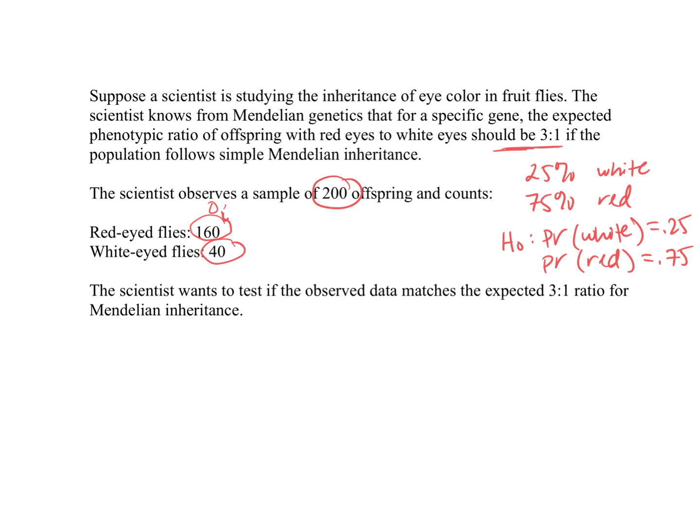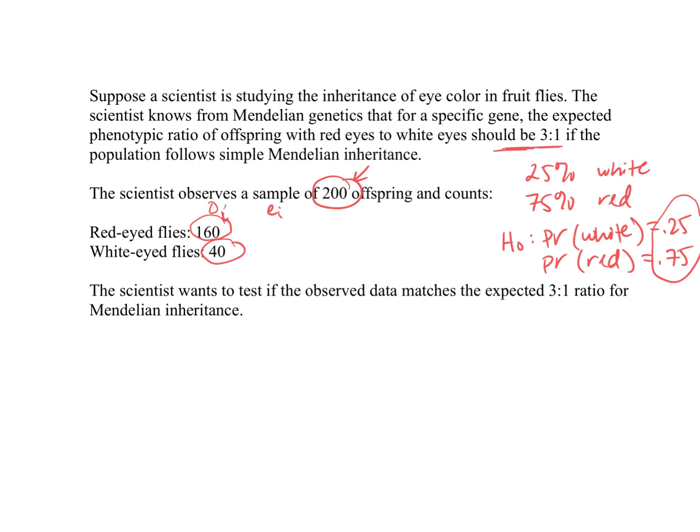So while the null hypothesis is about probabilities, these numbers are between 0 and 1, the actual procedure is going to require us to come up with these expected values in the different categories. So if I say my population is 25% white eyes and 75% red eyes, then in a sample of 200, I would be able to say what I expect the number of red-eyed flies is and what the number of white-eyed flies is.